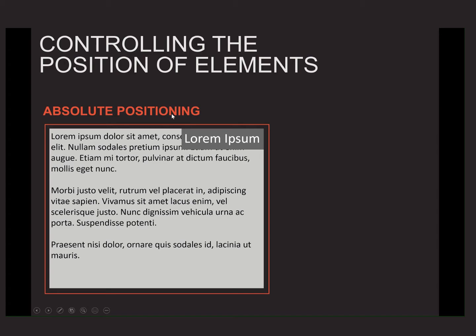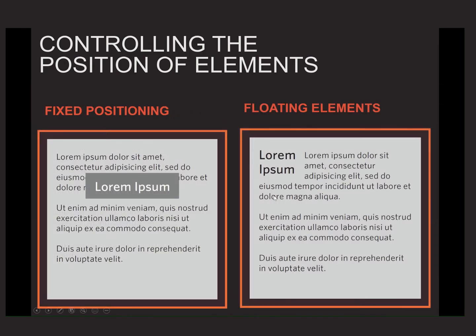Okay, for the absolute positioning, we will talk about two subtypes, whether you want to use a fixed positioning or use floating elements. For the fixed positioning, for example, you want to design according to the containing elements, such as putting it based on percentages.